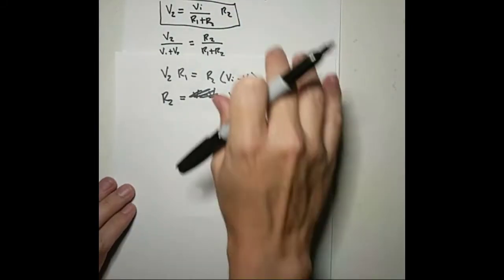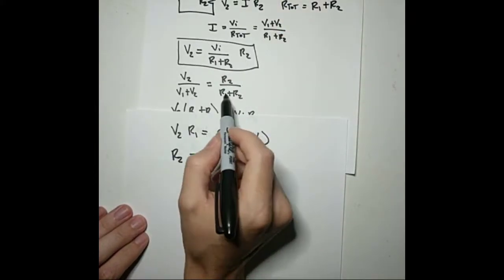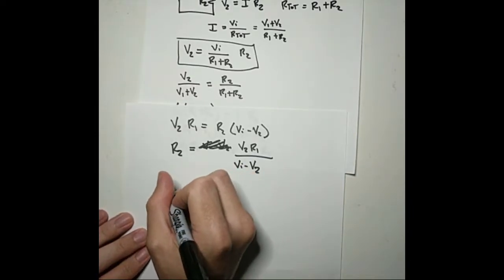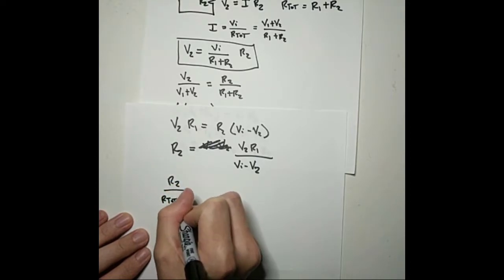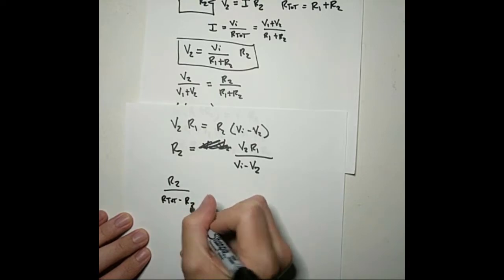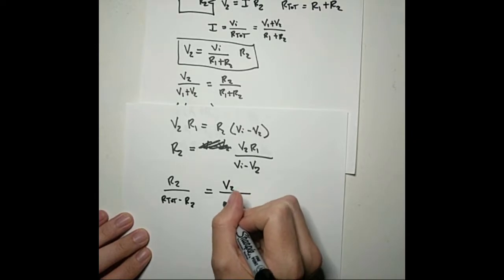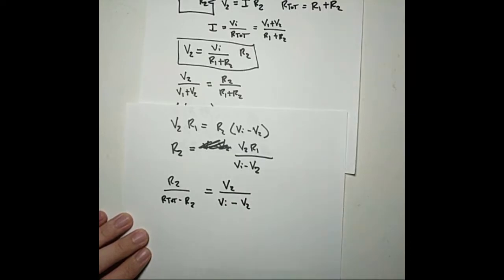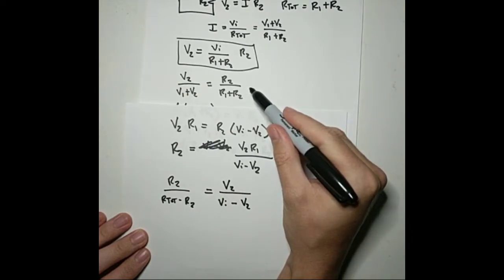So similar to this proportion that we found, we can write a similar one for resistance. So we can say R2 over the total resistance minus R2 is equal to V2 over the total input voltage minus V2. It was a very similar thing to this relationship we found.